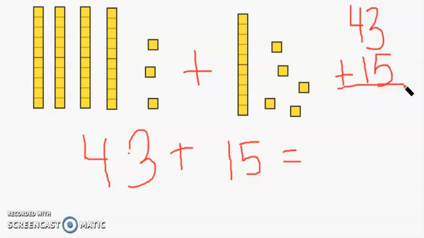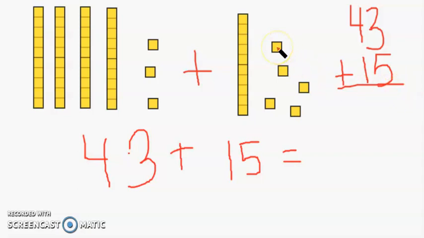So think about how many ones I have and how many tens I have all together. If you need a little bit longer, you can pause the video. If not, if you're ready, let's go ahead and check it and see how amazing you are.